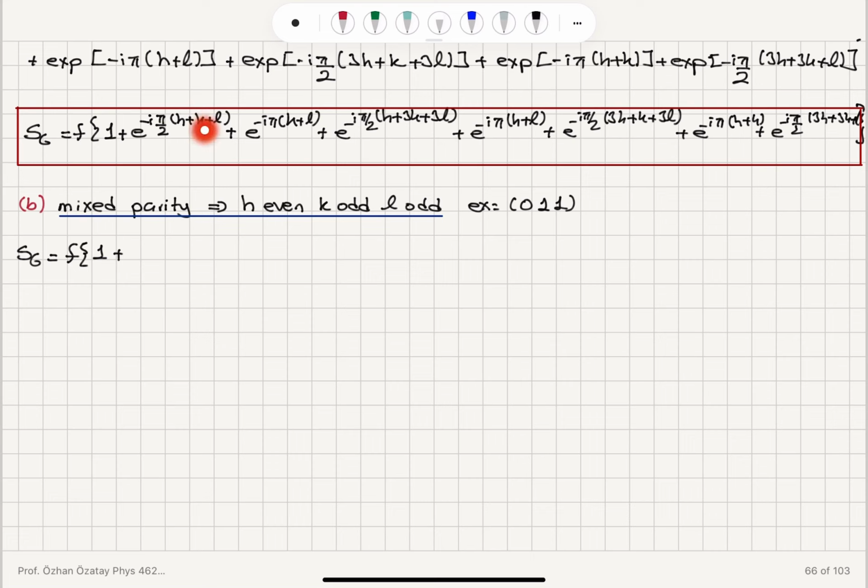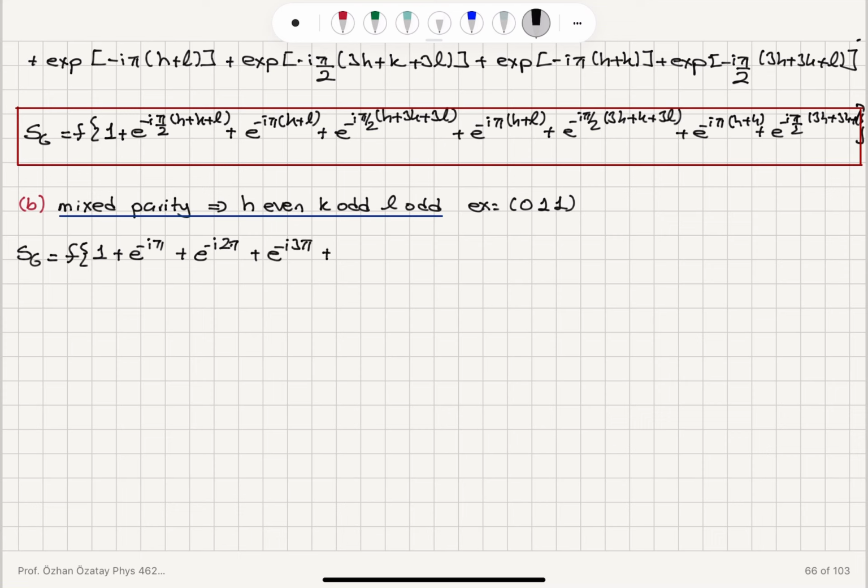This will give us 2. 2's will cancel, e to the minus i pi. 1 plus e to the minus i pi. For K and L being 1, we have the next term e to the minus i 2 pi. And for this term, H is 0, K and L are 1. 3 plus 3 gives us 6 divided by 2. That is 3, e to the minus i 3 pi.